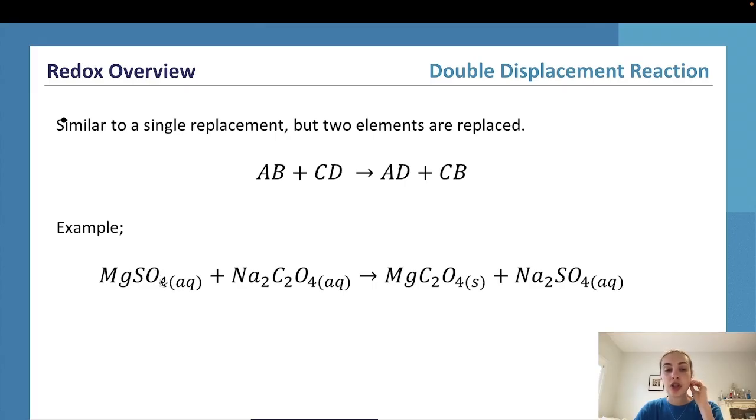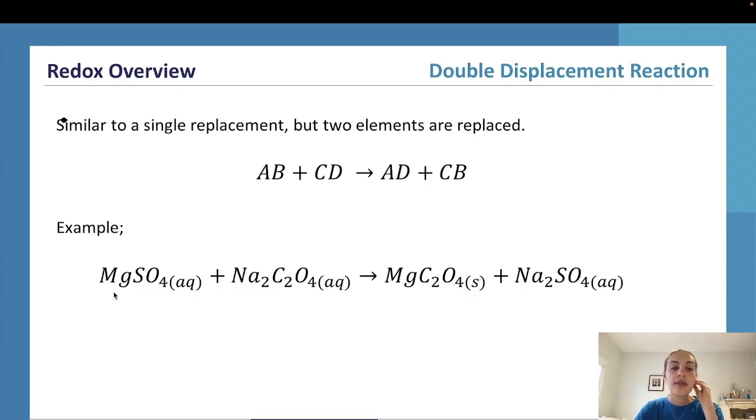So we can use rule 6 for oxygen and rule 7 for magnesium. However, we've got 4 oxygens, so we'll do -2 times 4, and that gives us -8. -8 plus 2 from the magnesium is going to give us -6, which means that we want this to equal 0 as a whole, because it needs to fit in with rule number 2, that it is a neutral compound, so it needs to have a charge of 0.